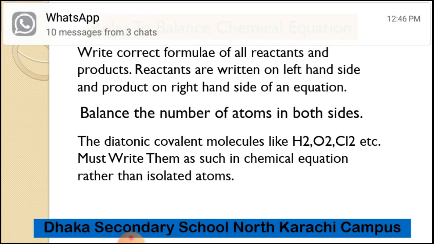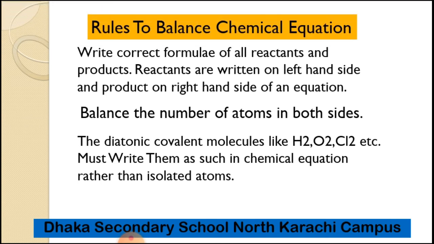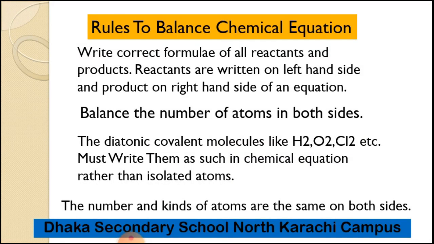The diatomic covalent molecules like hydrogen, oxygen and chlorine, etc. must be written as such in a chemical equation, rather than as isolated atoms like sulfur, carbon, zinc, sodium, potassium, etc. The number and kinds of atoms of the elements should be the same on both sides.